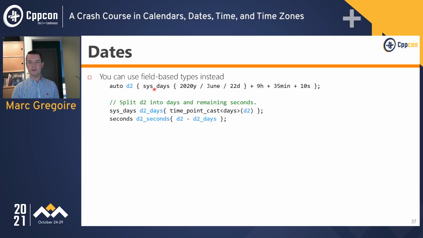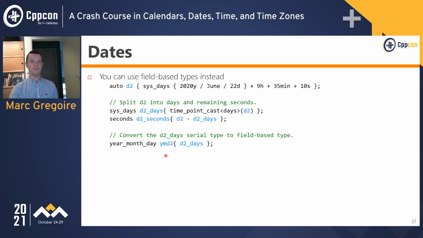If you don't want this behavior from the previous slide, then of course you can use field-based arithmetic. Again, we have our D2 defined as before, and we first truncate D2 to a number of days, and then we calculate the remaining number of seconds by subtracting D2 days from D2. We can convert the number of days to a year, 1 day.